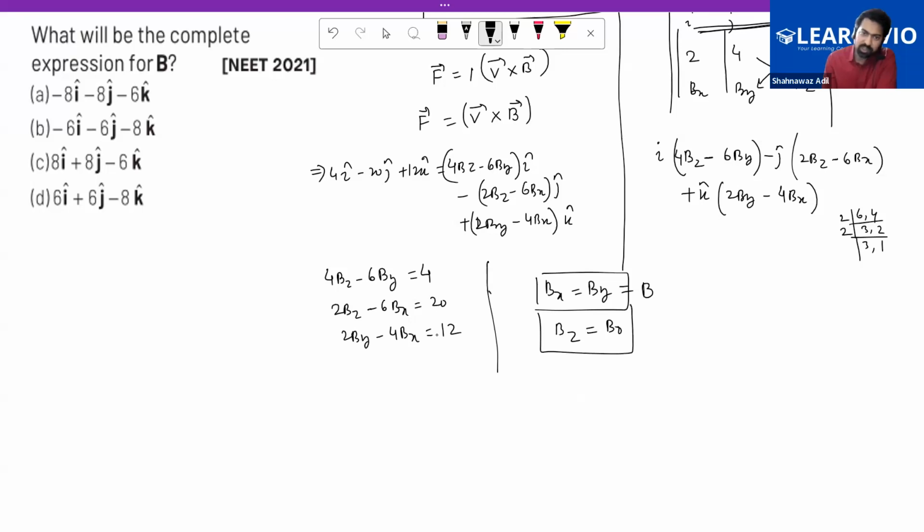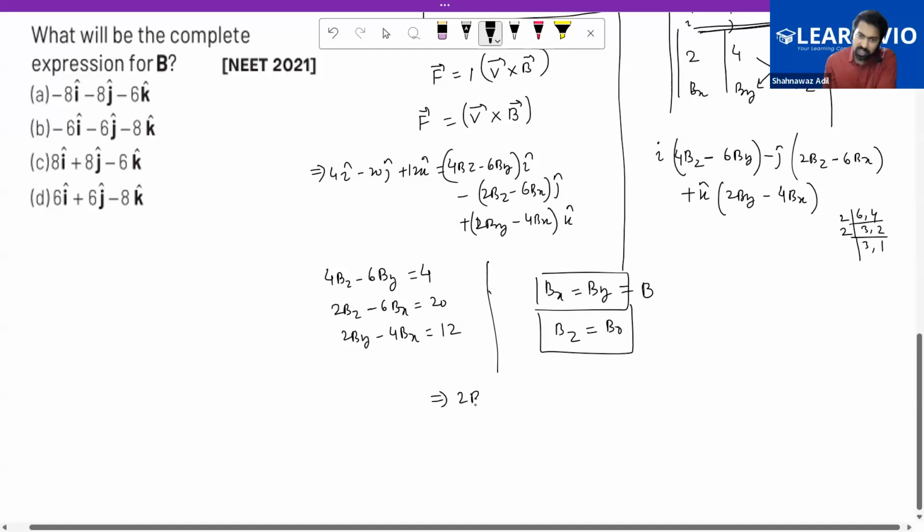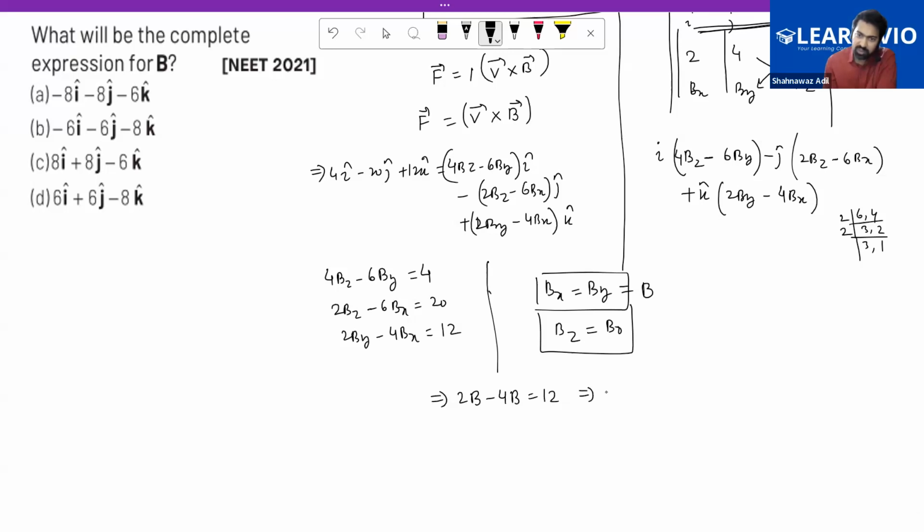So let's put all these values. If I write this thing as 2by minus 4bx equals to 12, so 2b minus 4b, that is 12. So how much this will be? This is minus 2b. This is 12. So b is how much? Minus 6. Right. So this is the option that we are seeing.